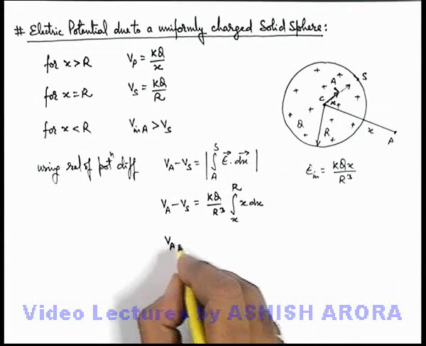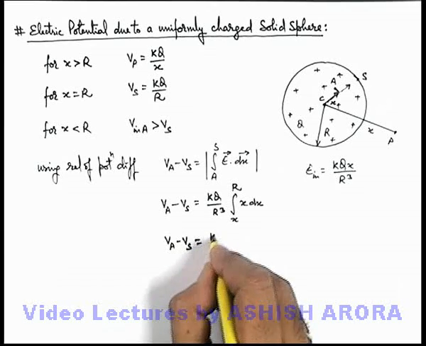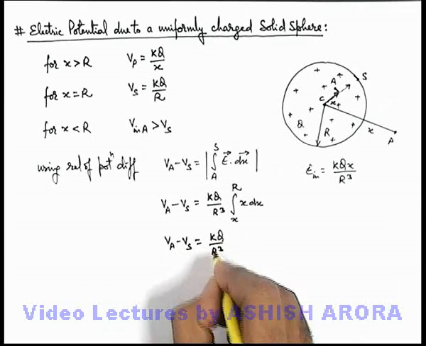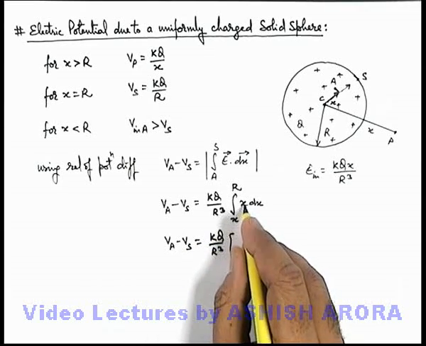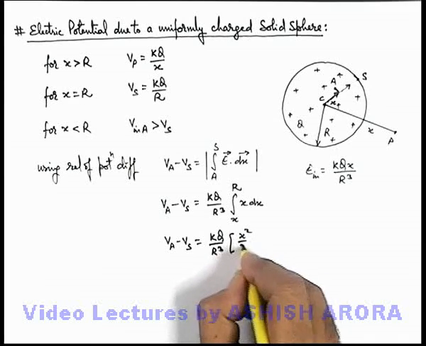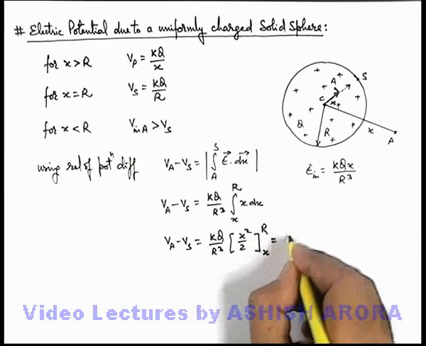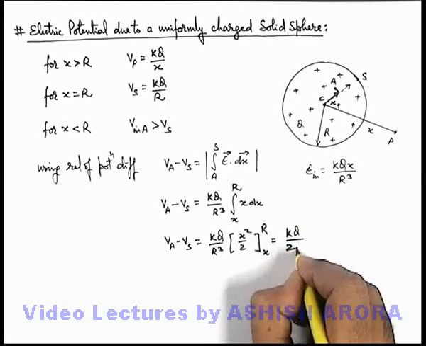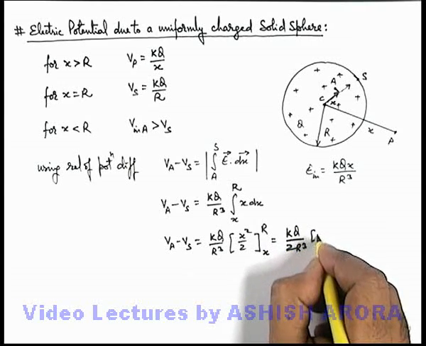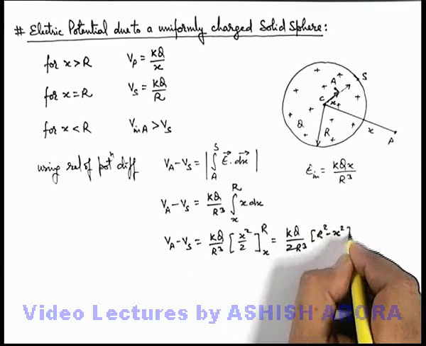So VA minus VS we are getting kq by r cube, and the integration of x will be x square by 2, where we substitute limits from x to r. So the result will be kq by 2r cube, times r square minus x square.